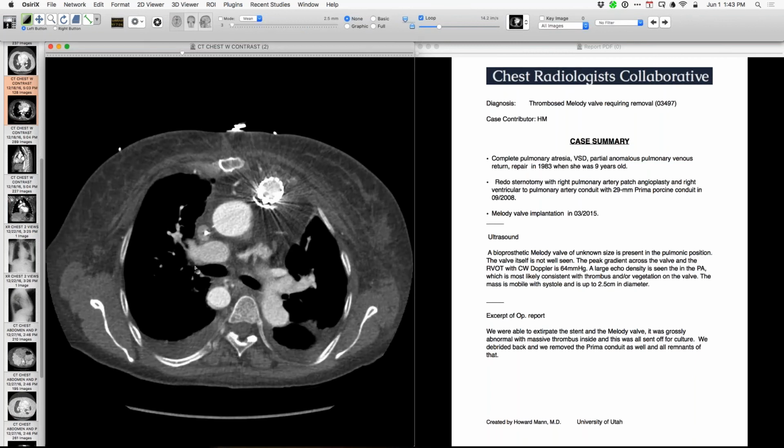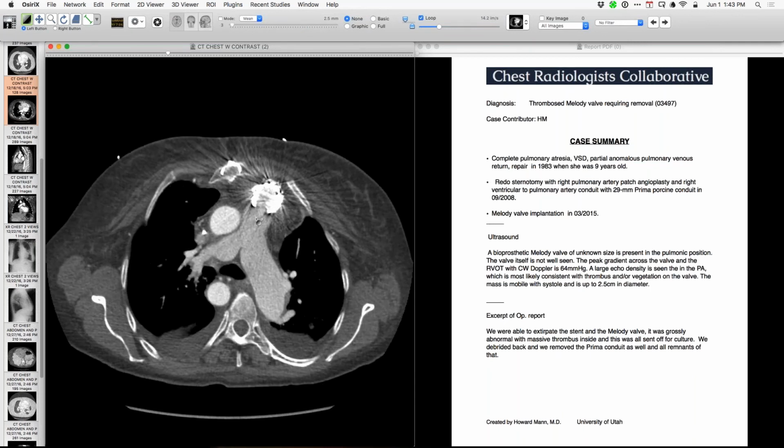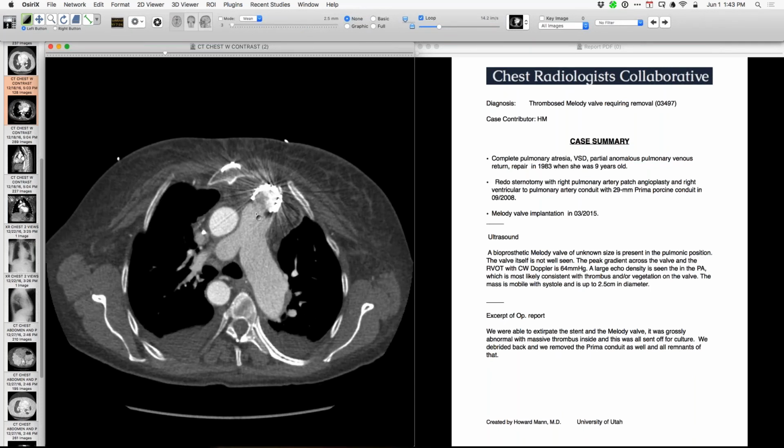So let's see, there it is there. And as we go higher, you can see this large filling defect. Sorry, let me just show you in there, in relation to that Melody valve, that goes along with this ultrasound finding consistent with thrombus and/or vegetation, or a combination of the two, but certainly thrombus really blocking off that valve.